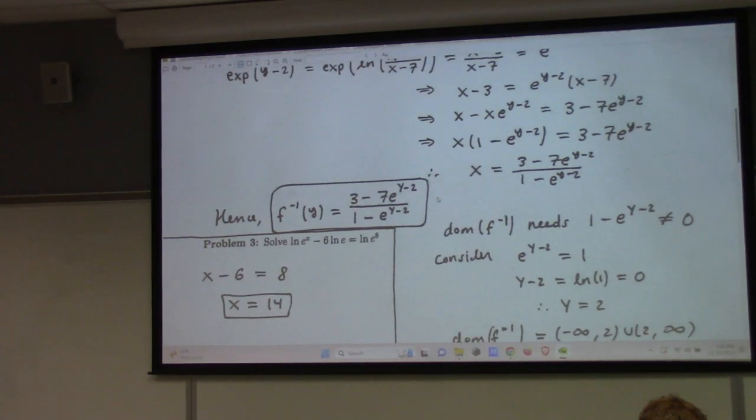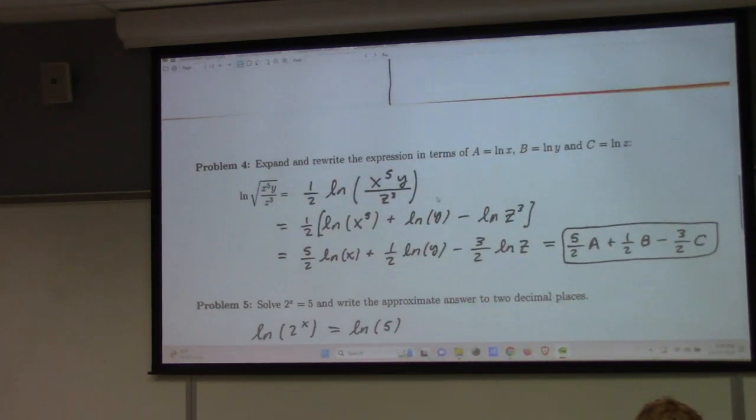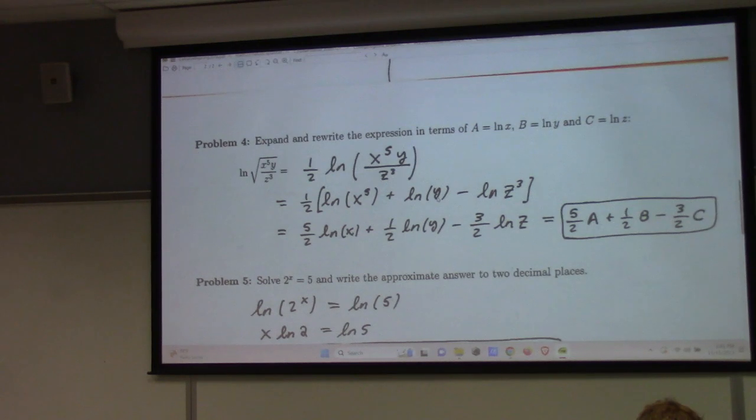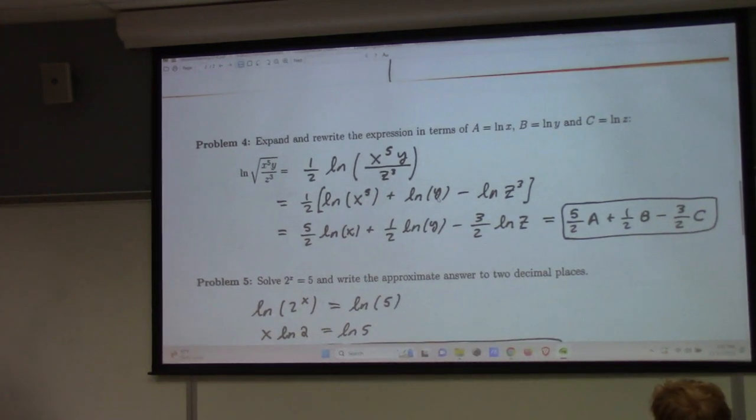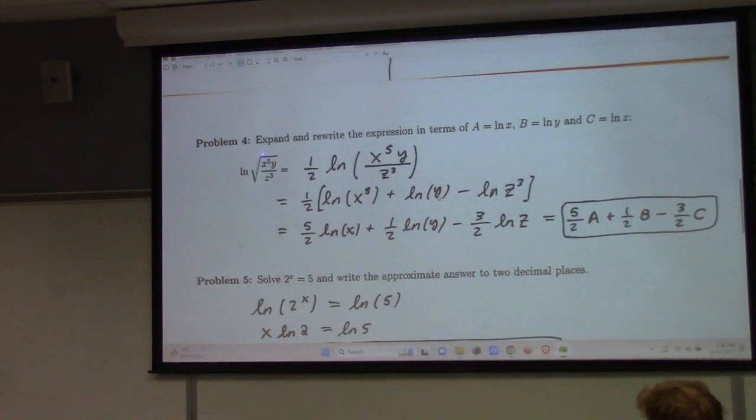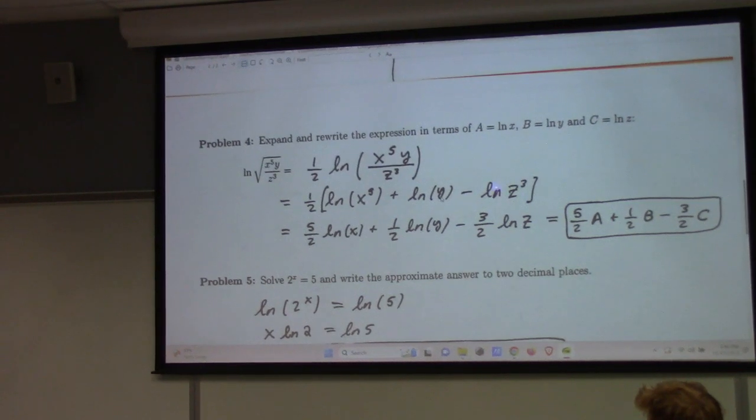Nobody? Okay. Problem 4. Expand and rewrite the expression in terms of a, b, c equal to the log of x, y, z respectively. First order of business, I get rid of this square root by pulling a half out, that's just easier. Then I use the property of logs to write this as log of x to the 5th plus the log of y minus the log of z cubed.